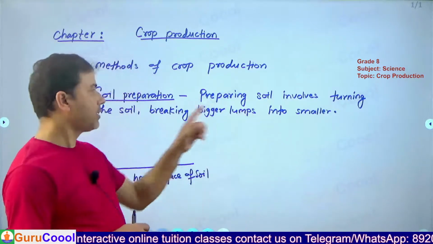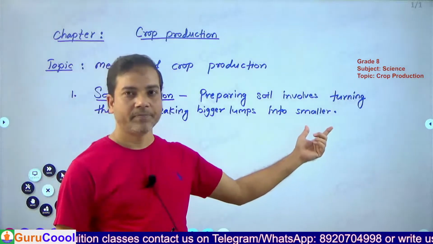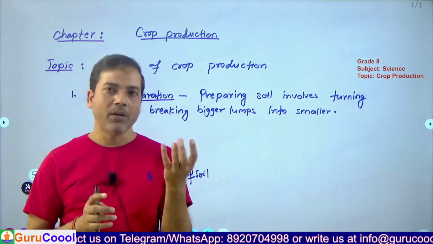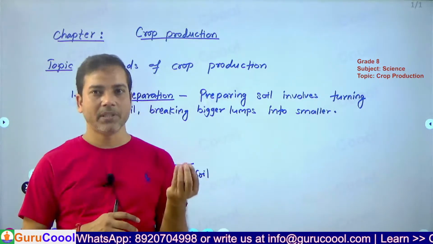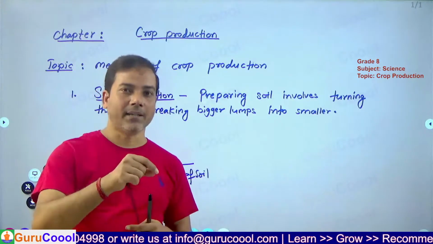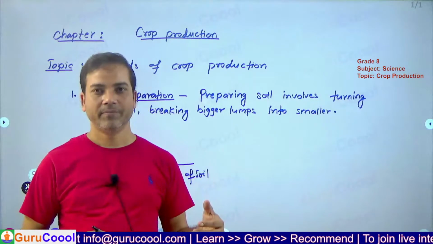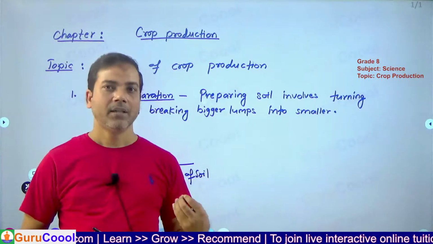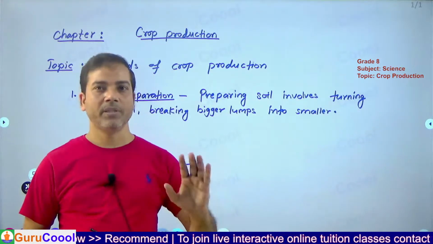So you first turn it, break the bigger lumps into smaller ones. Now the soil particles are like a powdery substance, very small pieces. So your seeds will be hidden inside the soil and cannot be visible. If it is not visible to the birds, it will not be eaten and your seeds will be safe in the soil.